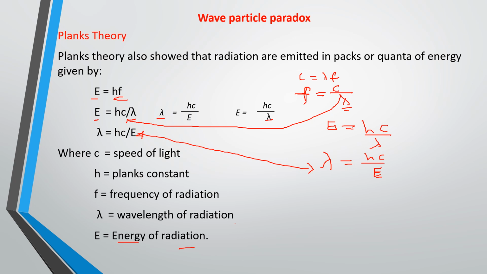So these two scientists were able to show that light or matter actually behaves as a wave because they have a wavelength. Now, besides that, there are other properties that show that light behaves as a particle. So we've looked at the wave nature of light. Now we're looking at the particle nature of light.